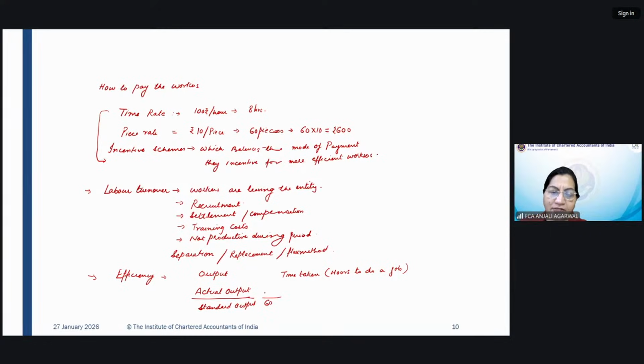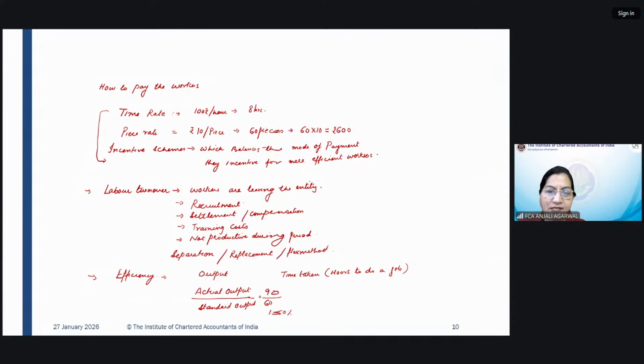But if you are manufacturing 90 units, you are efficient, you are 150% efficient. For example, standard output was 60. You are expected to manufacture 60 units during this period, but actually you manufactured 90 units. So efficiency is 90 on 60, 150%.